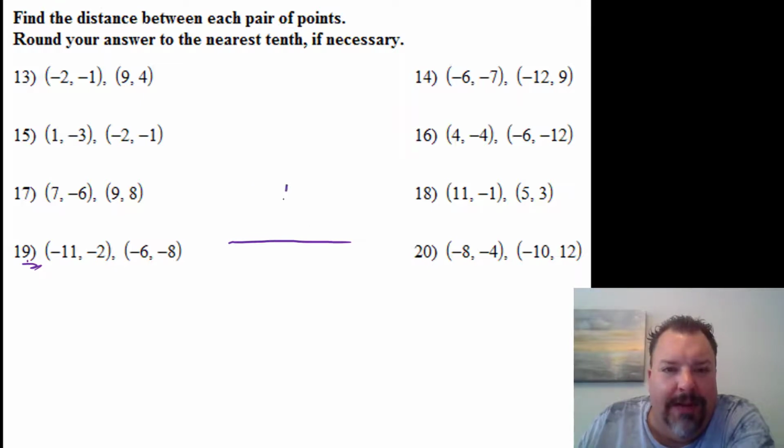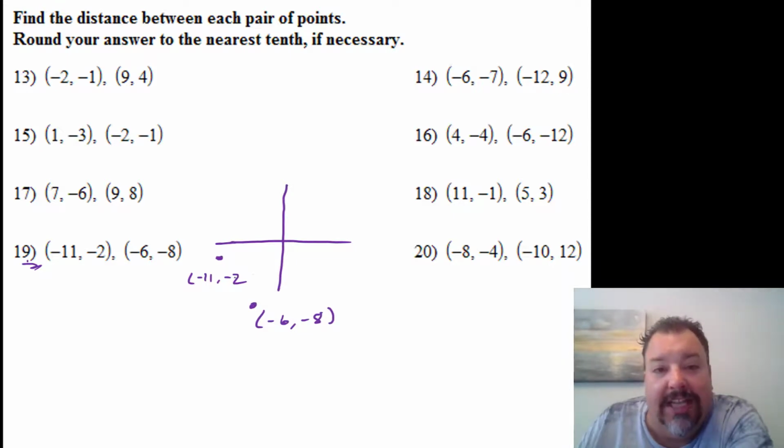Sometimes, even when I'm doing these problems, I would draw a sketch here. So imagine that this is at negative 11, negative 2. So that means I'm going over far to the left, and then it's going to be down here. So let's just keep in mind that that's negative 11, negative 2. This one's at negative 6, negative 8. So it's not quite as far over to the left, but it's going further down. So it's going to be right there.